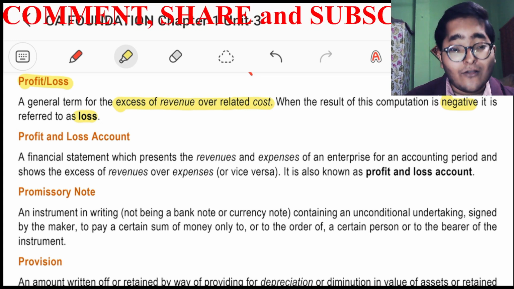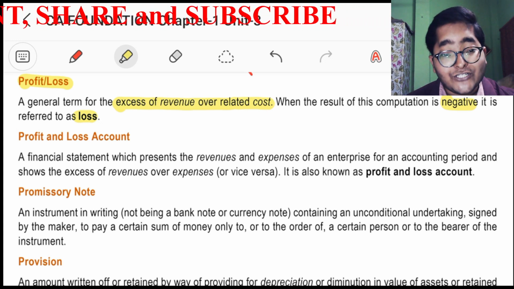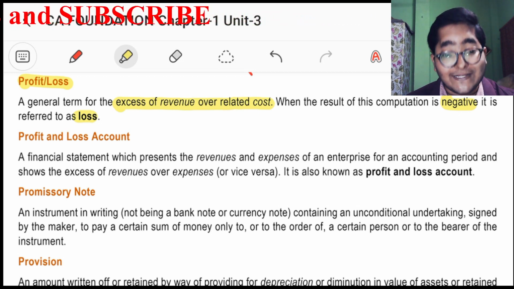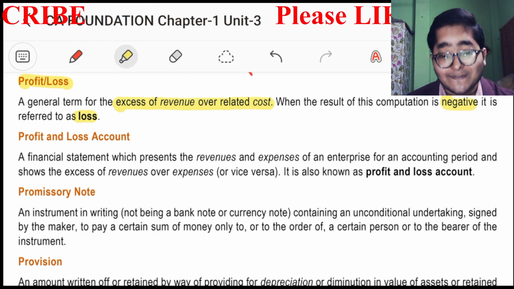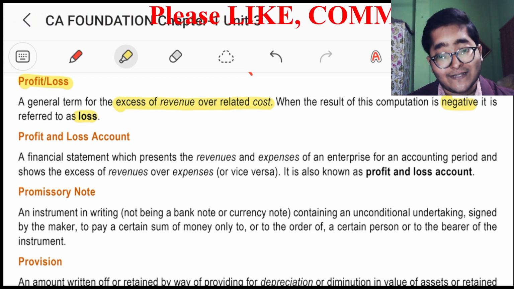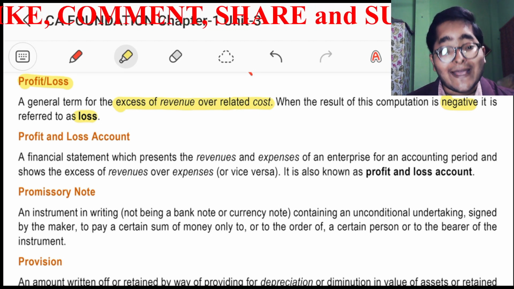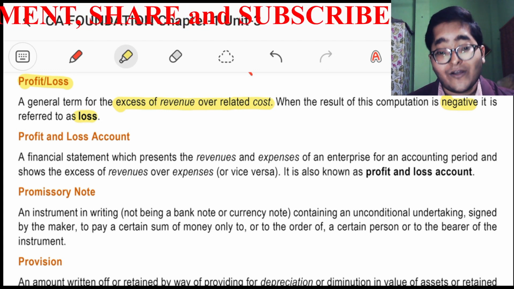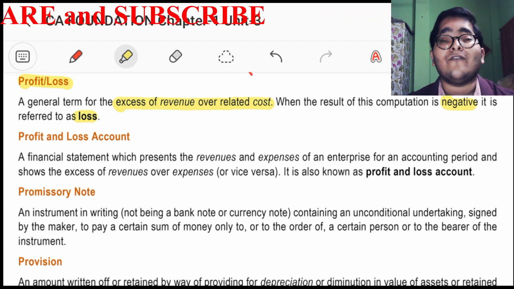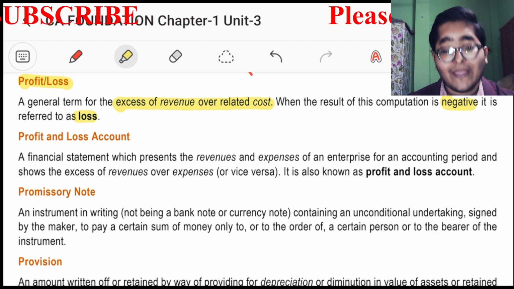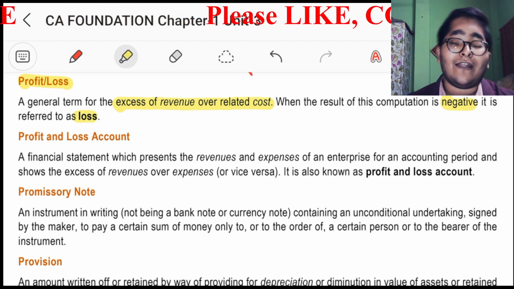So, a profit and loss account is a financial statement which presents the revenues and expenses of an enterprise for an accounting period and shows the excess of revenues over expenses or vice versa. It is also called a profit and loss statement.